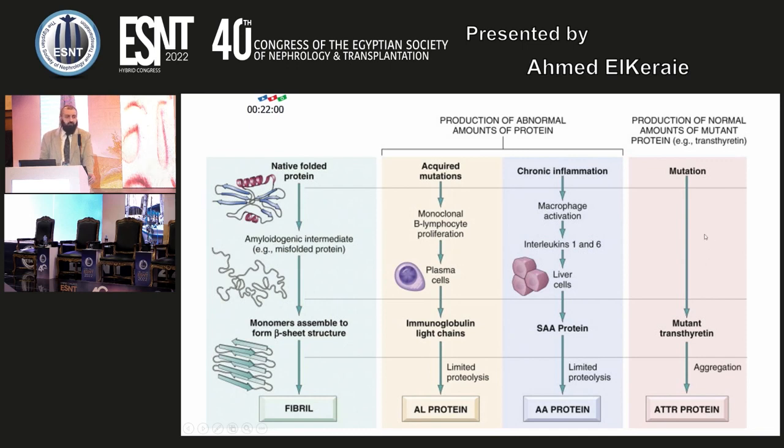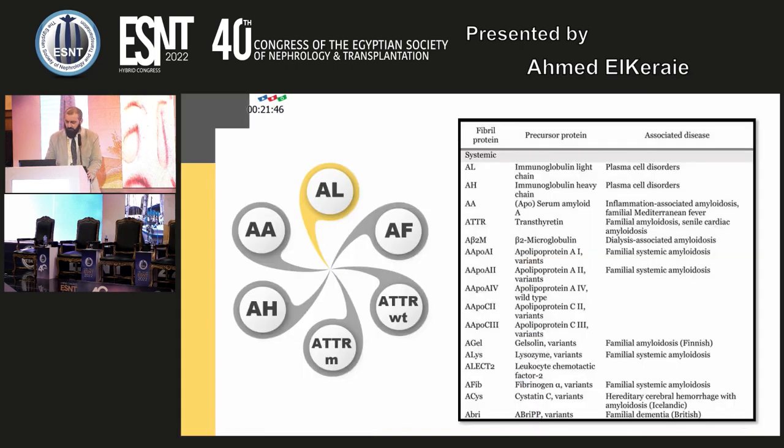Other types, mainly the transthyretin type, involve mutant transthyretin, which is prealbumin, as you know, causing aggregation and transthyretin amyloidosis. These are the very famous types of amyloidosis: AL, AA, AH, AF, and the transthyretin types, whether wild type or mutant type.